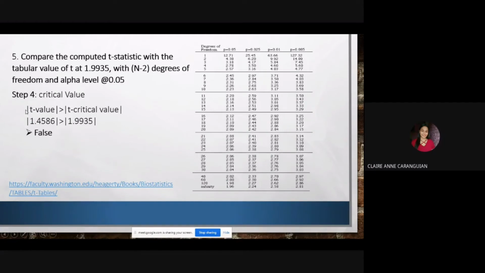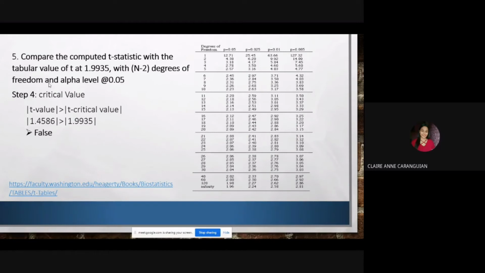So, when we compare the computed t-statistic with the tabular value, this is the common equation. It's always greater than. The t value needs to be greater than the t critical value. So, always greater than, okay?